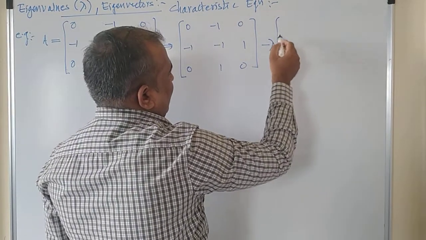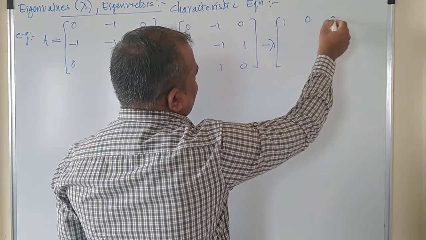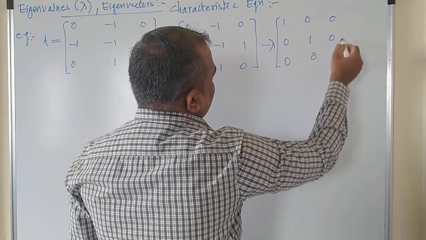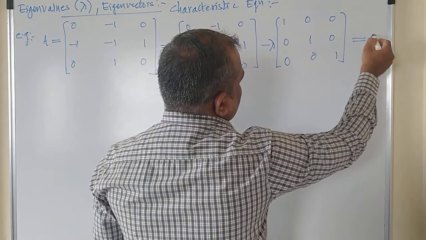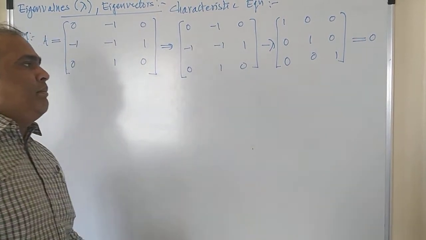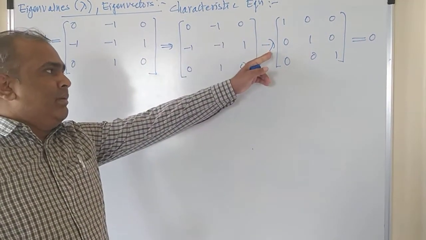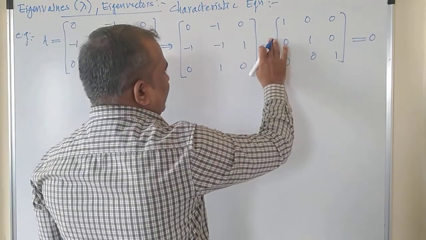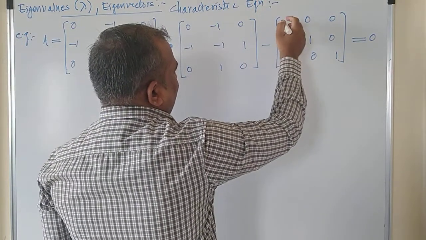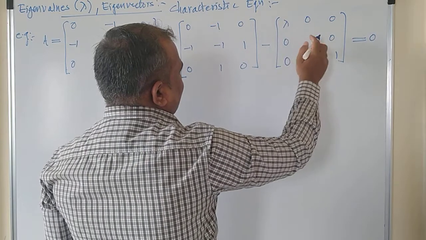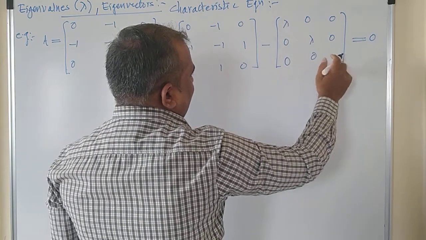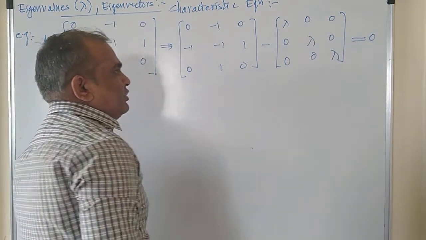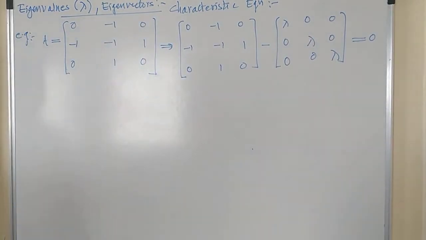Here lambda times the identity matrix is 1 0 0, 0 1 0, 0 0 1, and this equals 0. Rather than multiplying lambda to the identity matrix in the next step, I will multiply here only. So this will be a lambda, 0 into lambda is 0. So here you get a lambda, and here also you have a lambda, right? This is the next step.